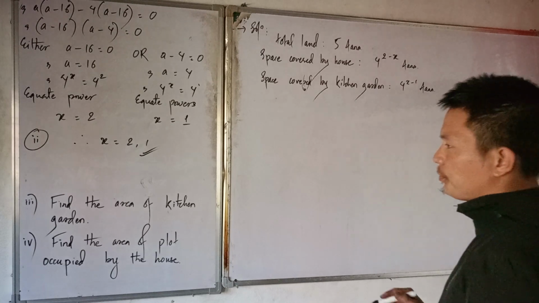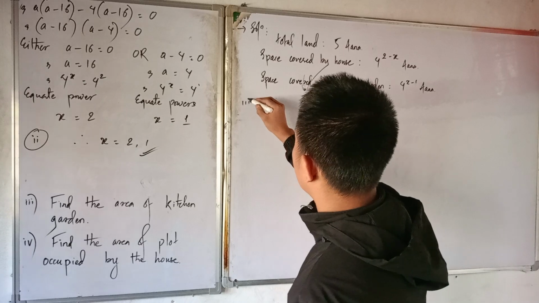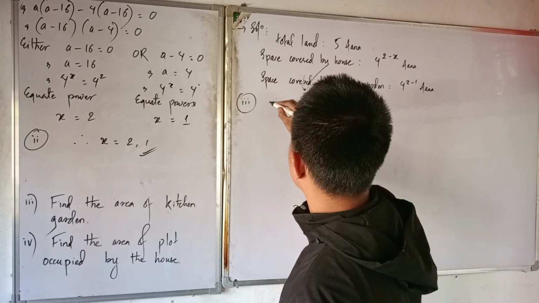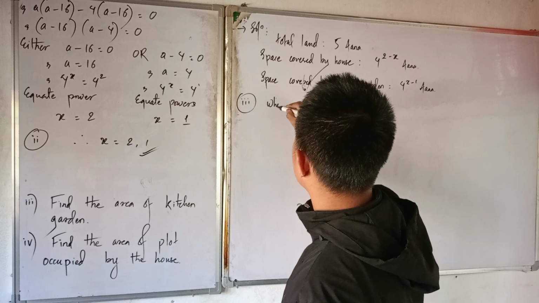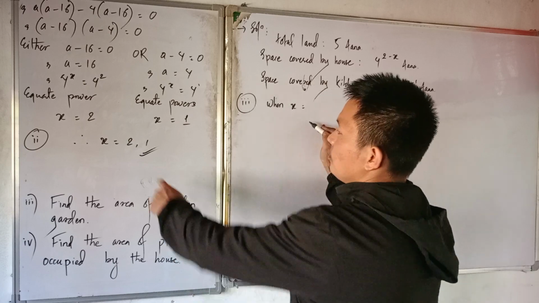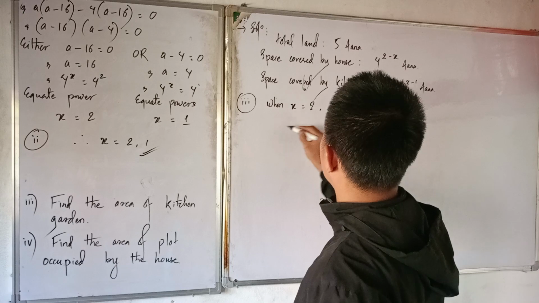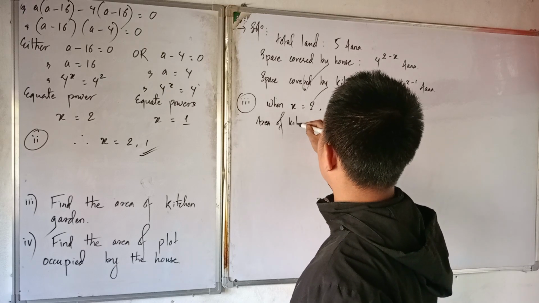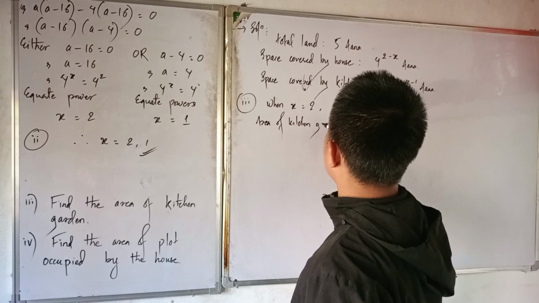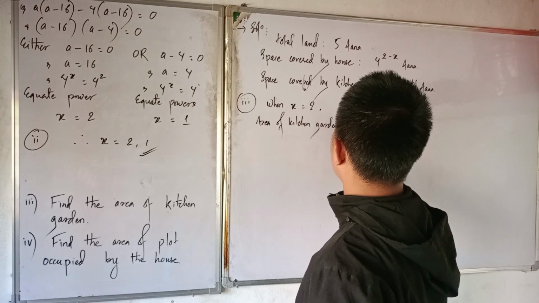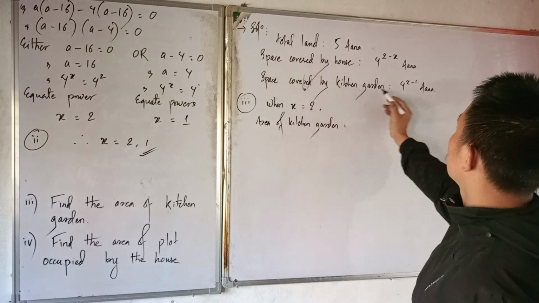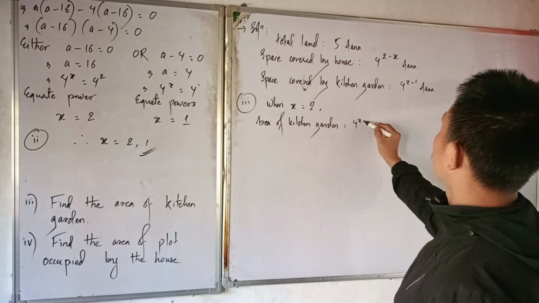Okay, for part (iii), area of the kitchen garden. When x equals 2, then the area of the kitchen garden will be, what is the area of the kitchen garden? 4 power x minus 1.